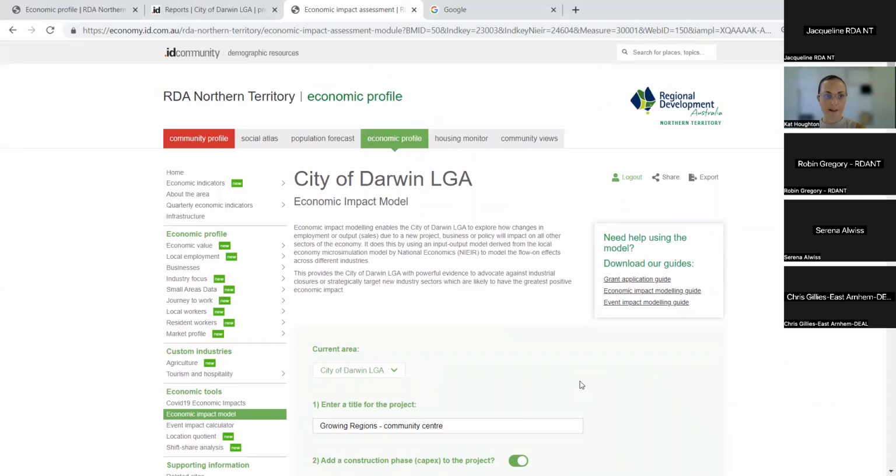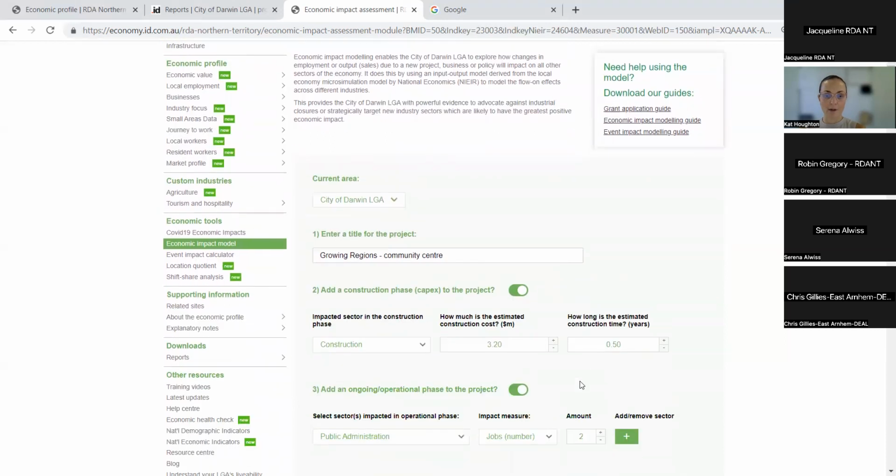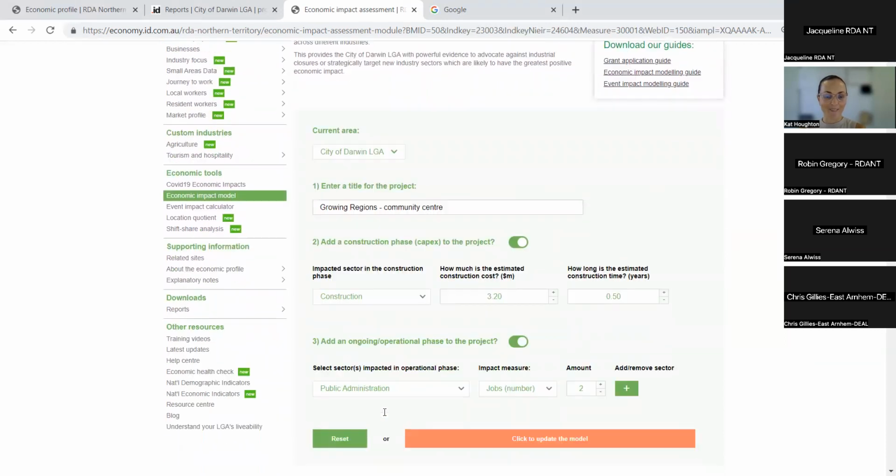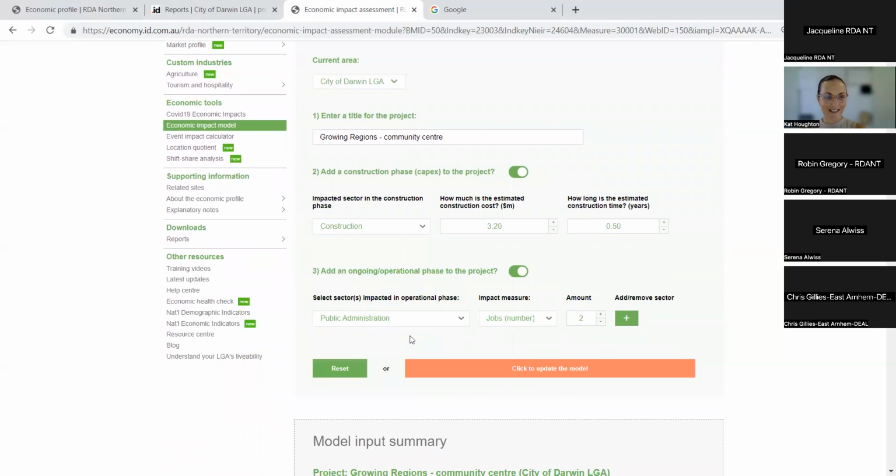It's quite user-friendly. The hardest bit of this model is really just picking what are the sectors that are impacted. And if the proponents don't give you a very good indication of how many people they're going to employ and things like that, you've almost got to come up with some sort of guesswork, a non-exact science, that will determine how many people are going to be employed in public administration or that sort of thing.